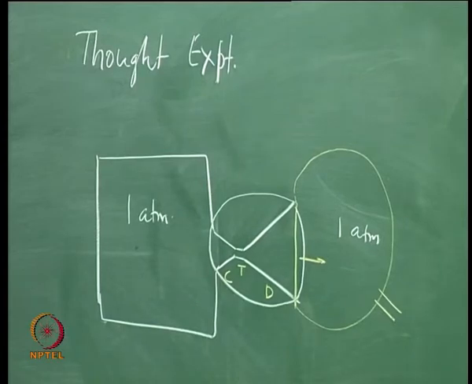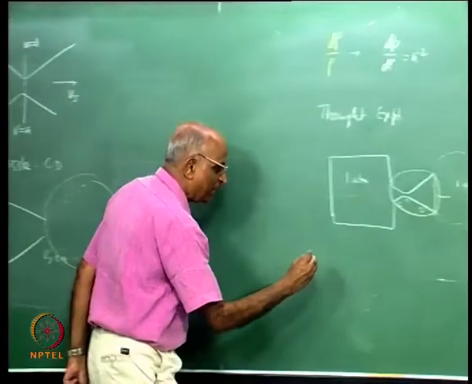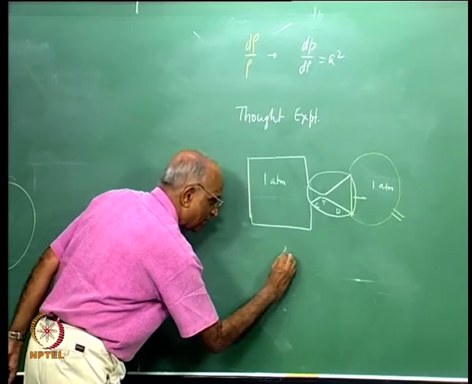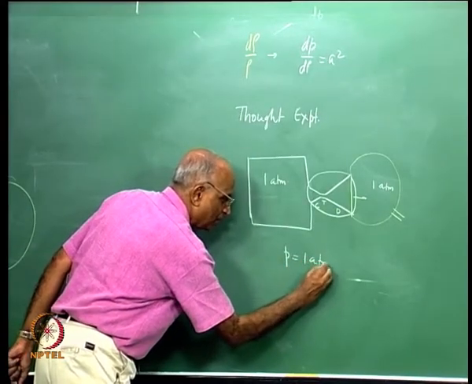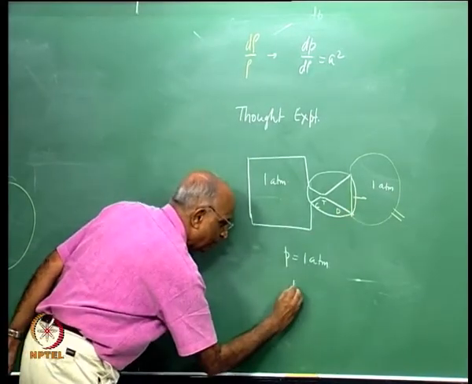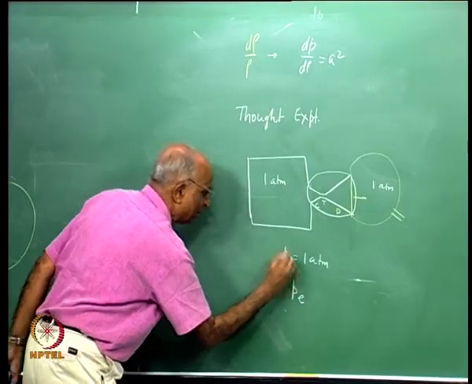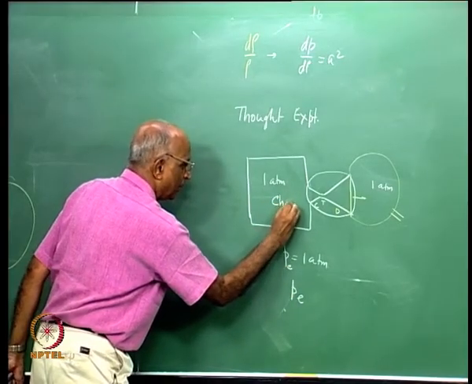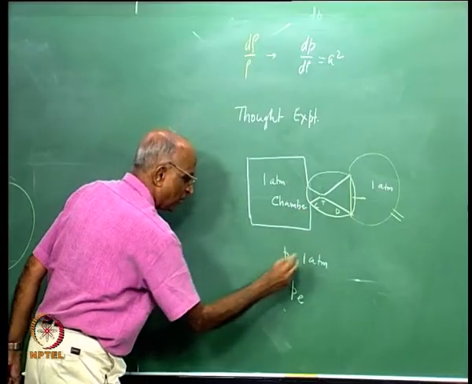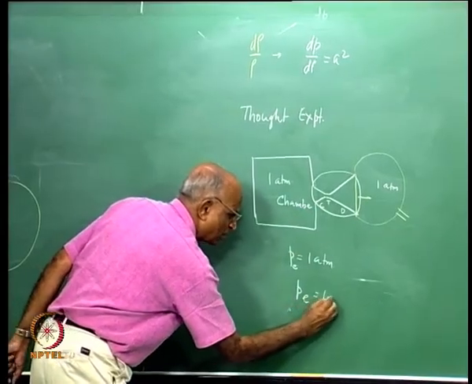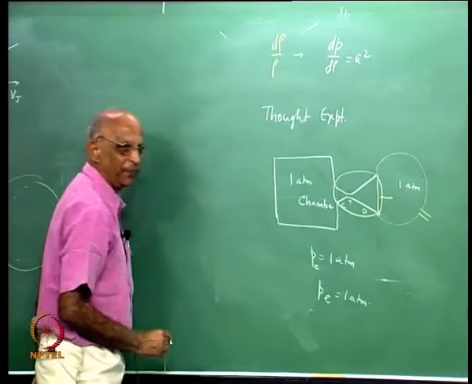Let us say the ambient pressure in the tank, which is the chamber, is initially 1 atmosphere, therefore PC is 1 atmosphere, and PE, the pressure outside, is also 1 atmosphere to begin with.